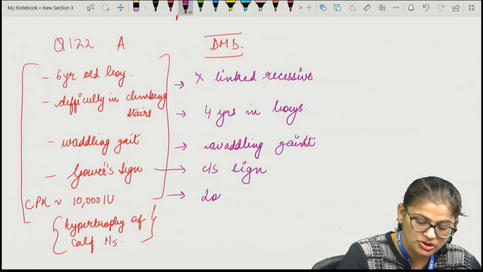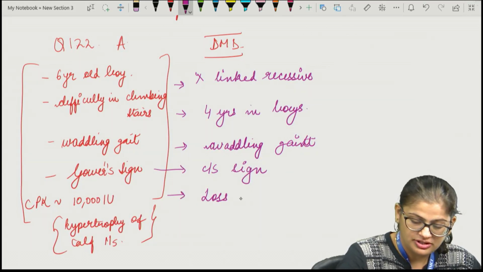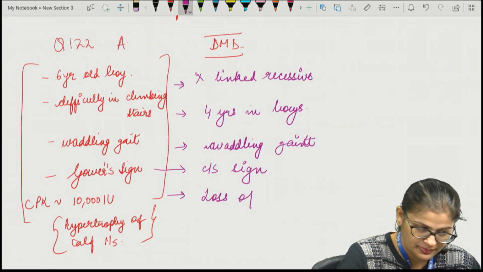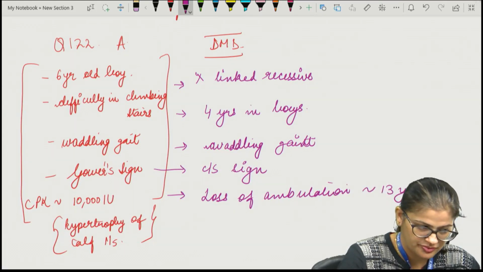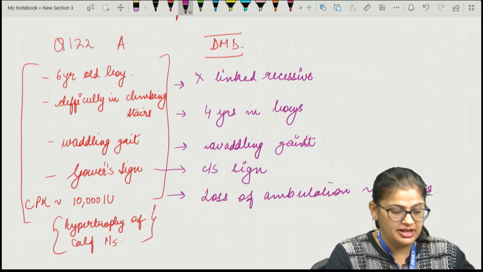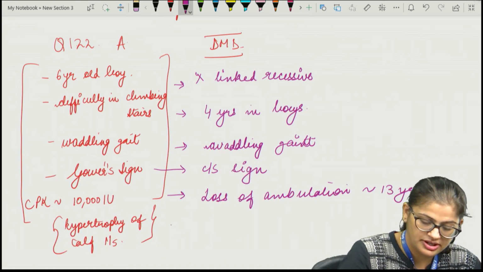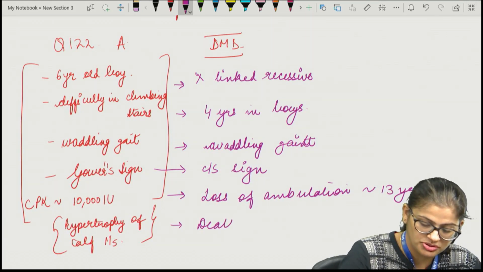Usually loss of ambulation occurs by around 14 to 15 years of age. And death ultimately occurs in the 3rd decade, mostly from cardiopulmonary compromise.